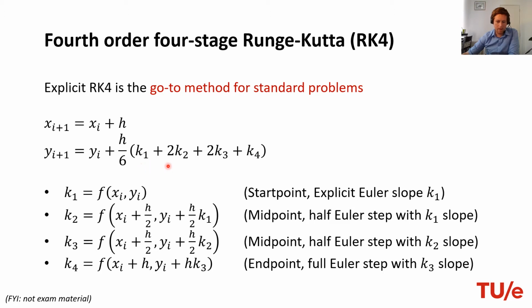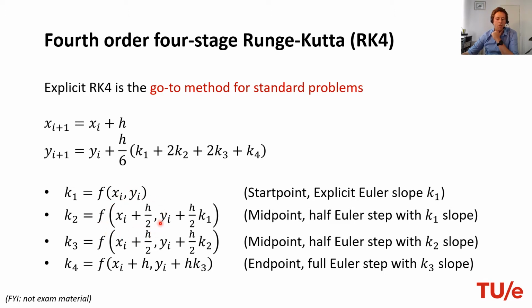And they are chosen as follows. k1 is simply the slope that we would use in explicit Euler, so that's the slope evaluated at the start point. Then we have 2 different slopes that are evaluated in between xi and xi plus 1, so they're evaluated at the midpoint.